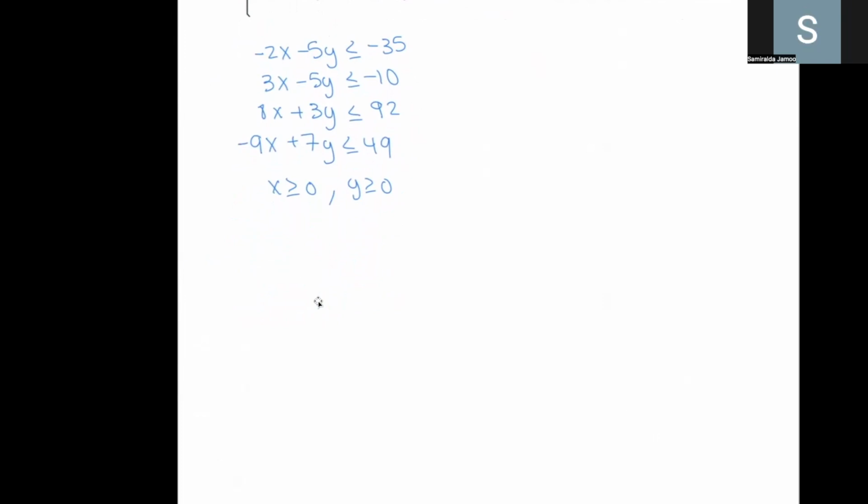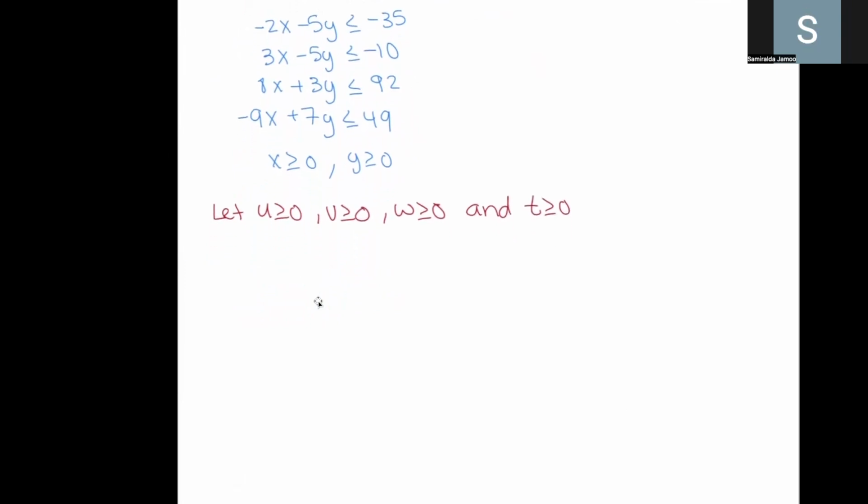So I will let u be greater than or equal to 0, v, w, and t. Whatever variable you want to pick, that's not used already. So such that my inequalities now become equations.